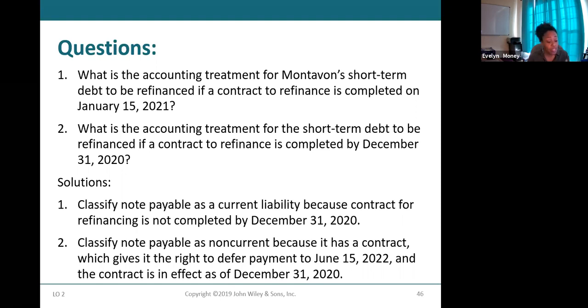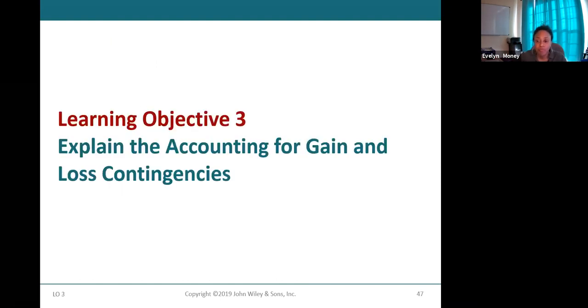So GAAP has these rules that say that the refinancing arrangement has to be completed before the balance sheet date in order for you to show that current liability as non-current. If the refinancing agreement happens after the balance sheet date, then you got to show that amount as a current liability. You can disclose it, but it's still a current liability.